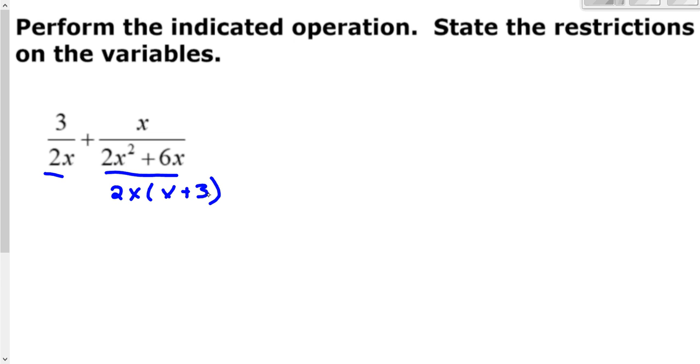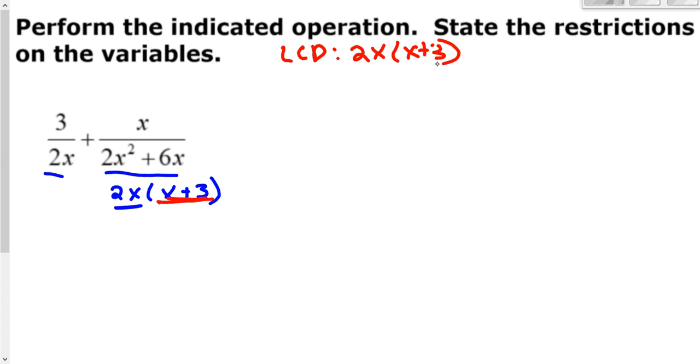So if we look, the expression on the left, 3 over 2x, already has that 2x. It's just missing the x plus 3. So our LCD is 2x and x plus 3.